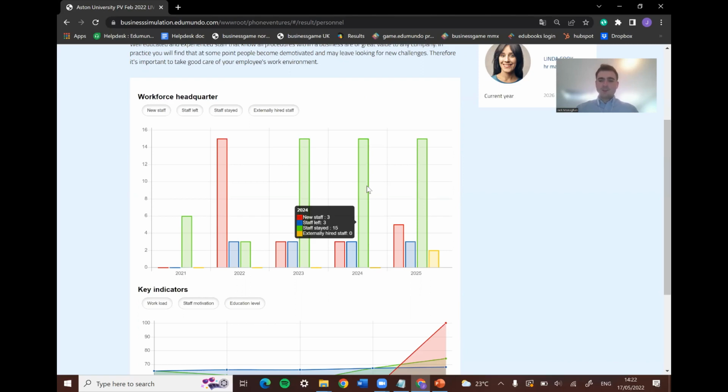The key factor you want to take a look at here is the external staff that have been hired, because ultimately these staff members are twice as expensive and almost 50% as effective as your regular employees. So you want to try and minimize this number as much as possible. You can always minimize the number of external staff that you hire by simply hiring the employees yourself in the HR section.